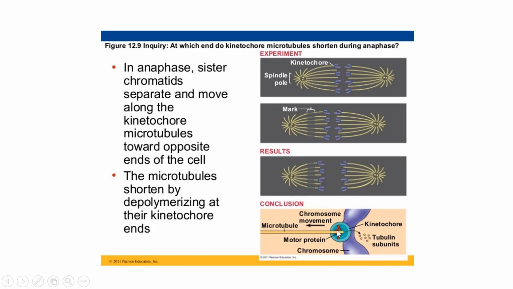And so once that starts happening, this motor protein will detach, you'll remove some tubulin subunits, and then it'll reattach, and then it'll detach, and you'll remove some tubulin subunits, and it'll reattach. And you'll just keep doing that process over and over again until these chromosomes have been pulled all the way to the end of the cell, and anaphase ends, and then telophase begins, rebuilding the nucleus. And then usually going along at the same time as telophase is cytokinesis, where then the cell divides into two.